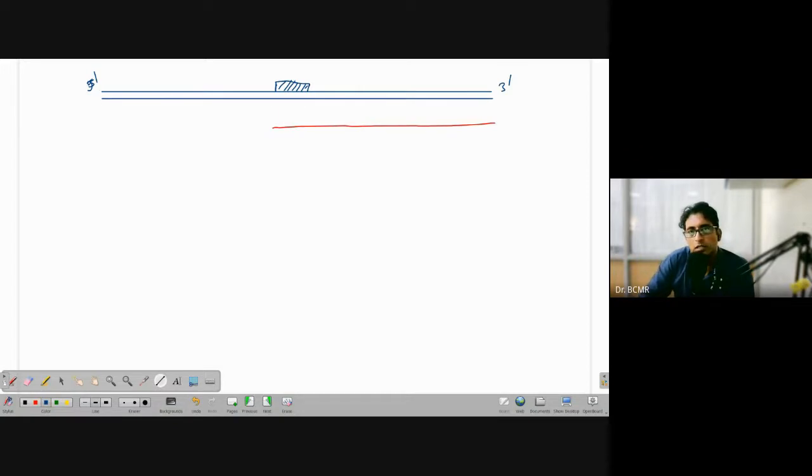So I put it as double-stranded, and the lower strand would be 5', and this is 3'. And then we got double-stranded DNA, this much to here. Using 5' and 3' primers, we got this.